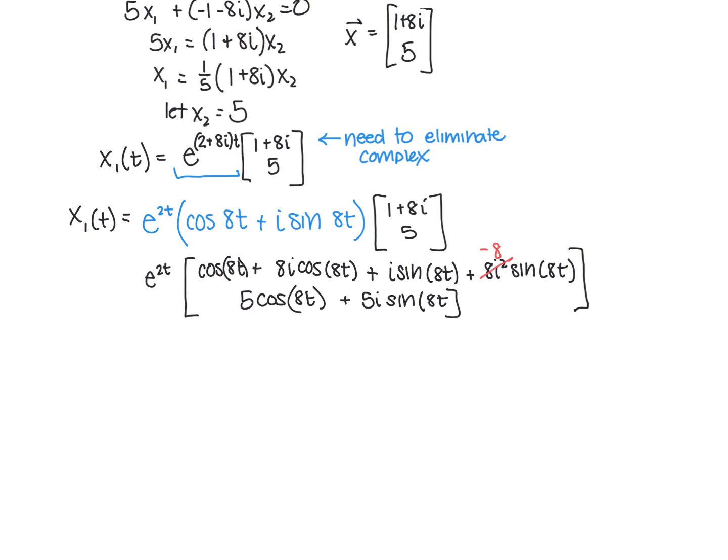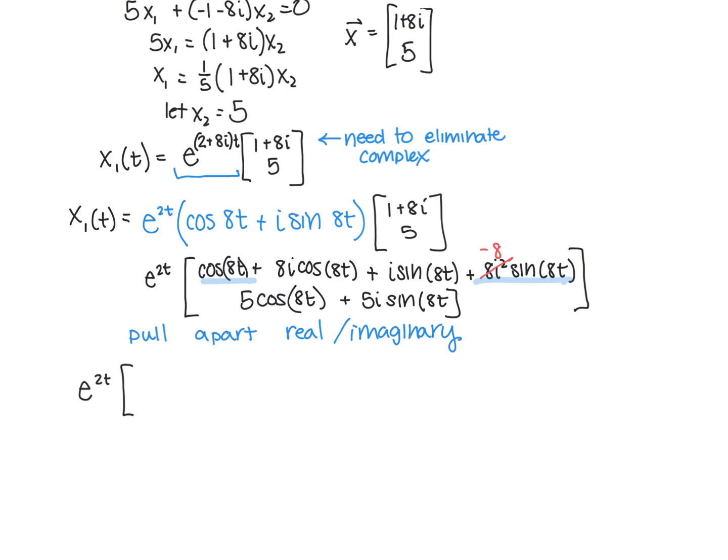And now what I'm going to do is pull apart my real and my imaginary. So what that looks like is I have e to the 2t, and my real parts up here, I have cosine 8t and negative sine 8t.